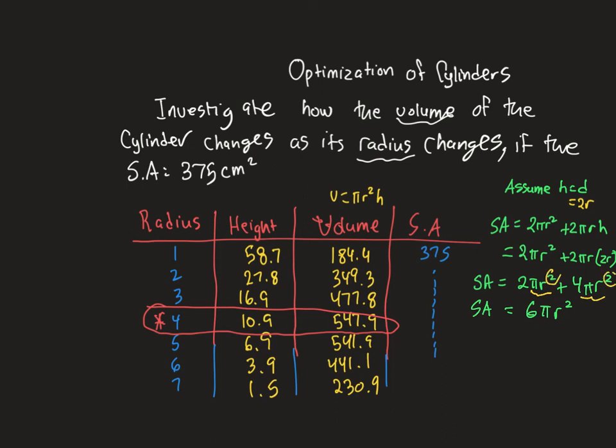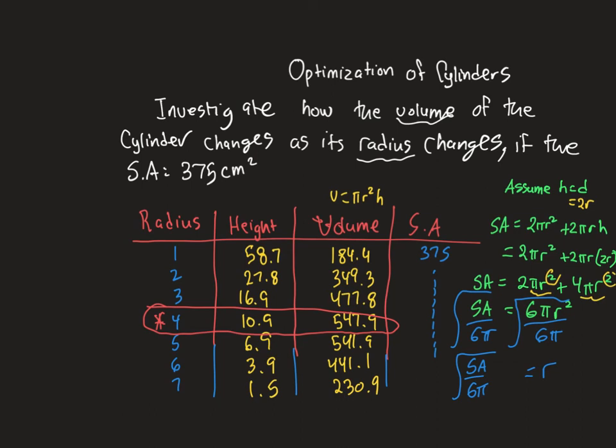All right. Now if I want to get r by itself, I'm going to divide both sides by 6 pi. And if I want to get rid of the squared, I'm going to do the square root of both sides. So that's going to leave me with surface area divided by 6 pi, and take the square root of that.